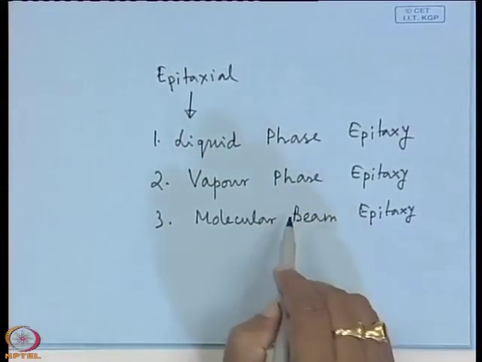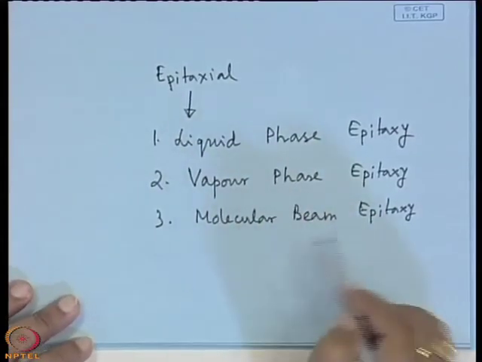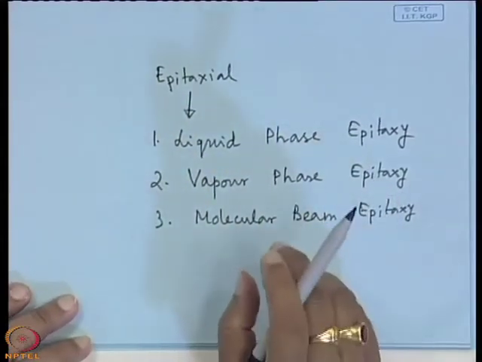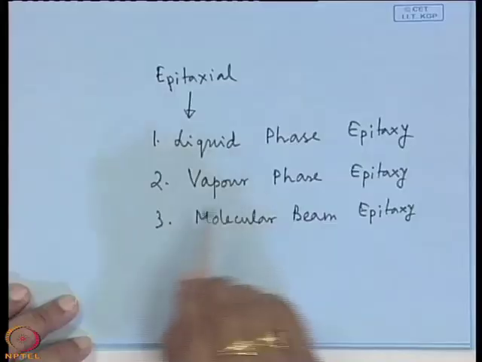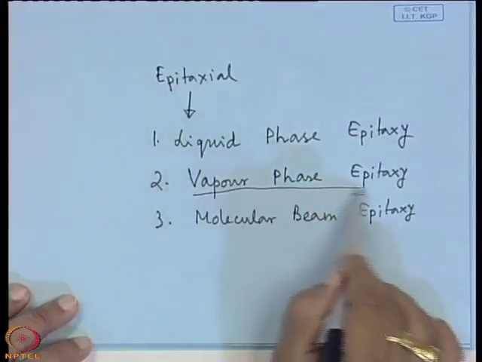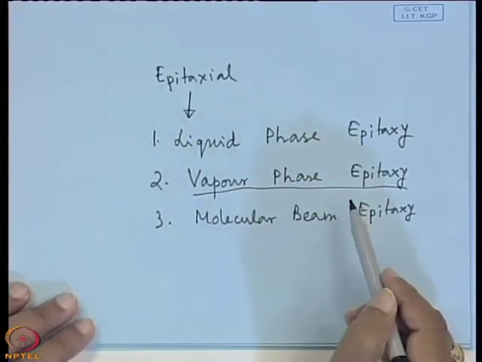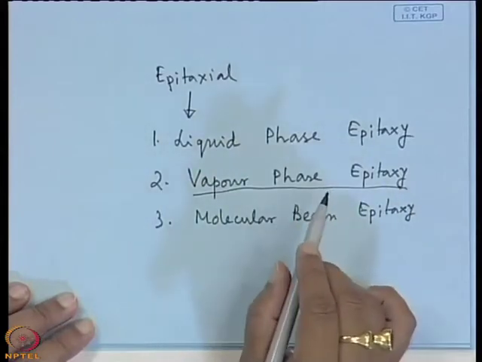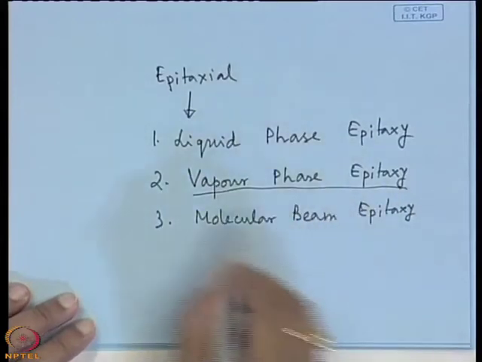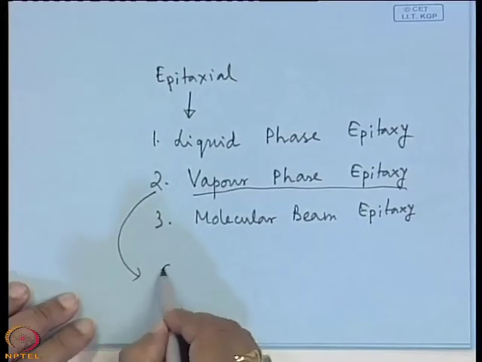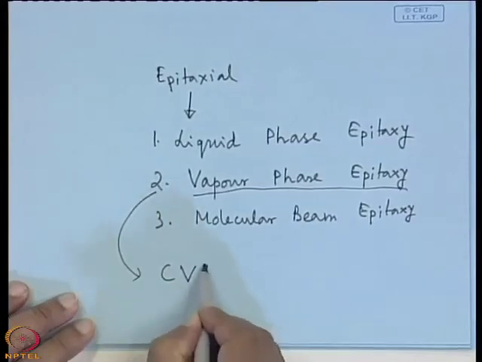Okay. These are the main 3 epitaxial techniques using which you can grow different kinds of materials for band gap engineering, right. Now, this vapor phase epitaxy is sometimes known as chemical vapor deposition or CVD.